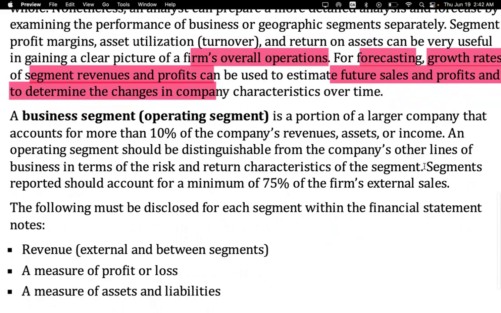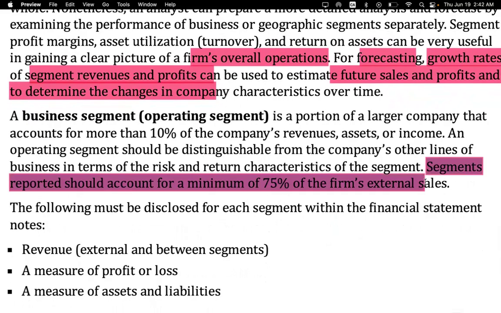And it also says that segments reported should account for a minimum of 75% of the firm's external sales. Now, when you're reporting your sales, you can't say that, okay, the water division gives me 30% profit and the ice cream division gives me 20% profit. No, that's like you're showing 50% of your sales in segments. You need to show 75% of your sales in segments.